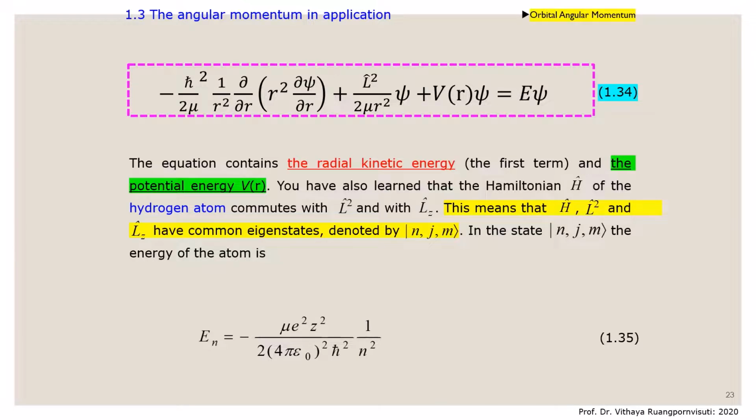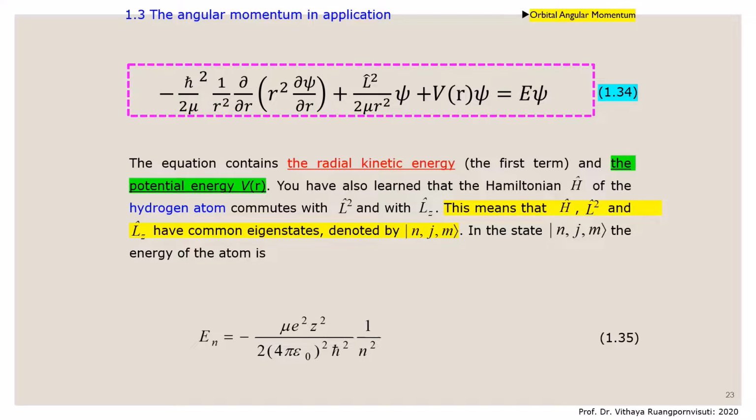You have also learned that the Hamiltonian H of the hydrogen atom commutes with L square and Lz. This means that the Hamiltonian H, L square and Lz have common eigenstates denoted by the function n j m.